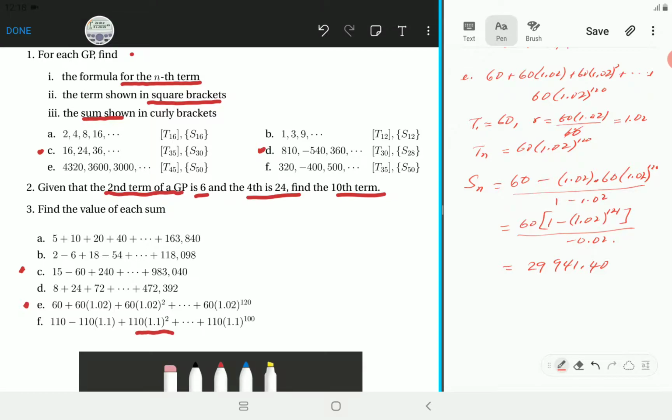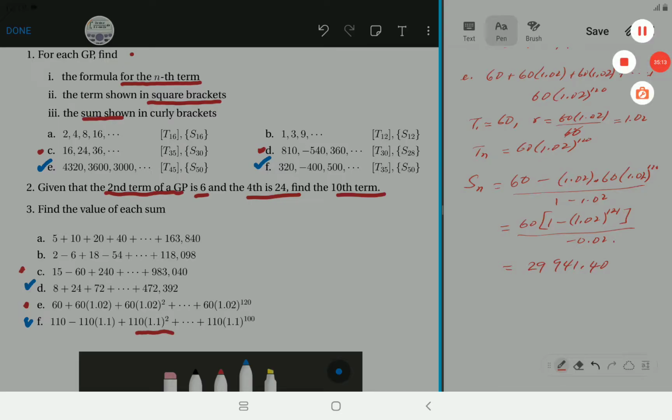In number 1, we did E and C and D, so if you'd like to do E and F, and then in number 3, if you would like to do C, D, and F. Just pause the video, have a go at those ones, and then when you press play again, you can find our answers to compare with.